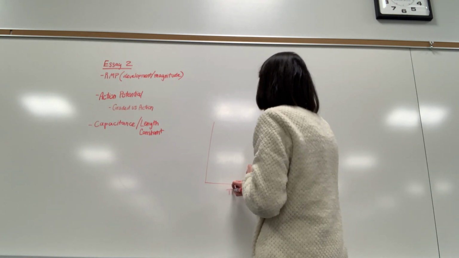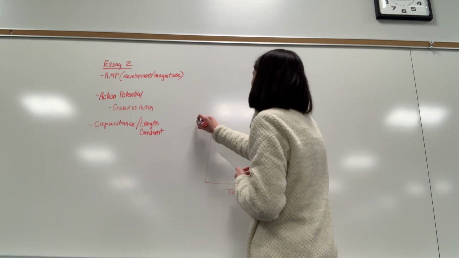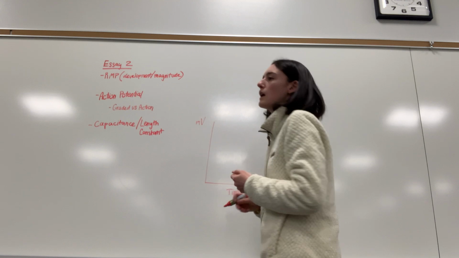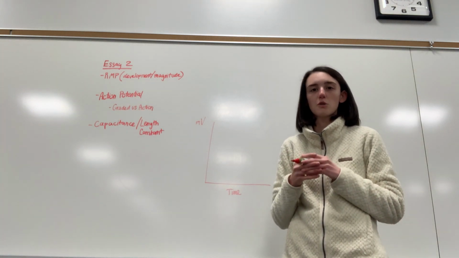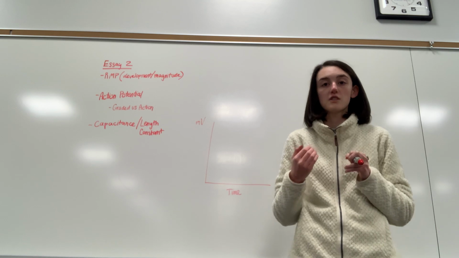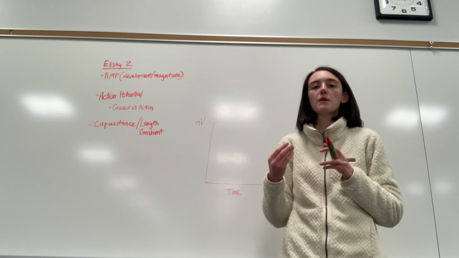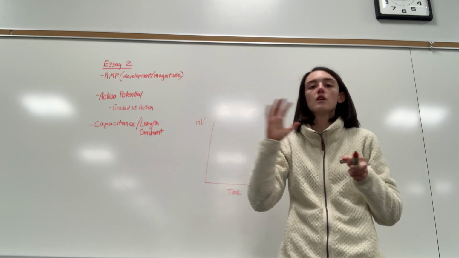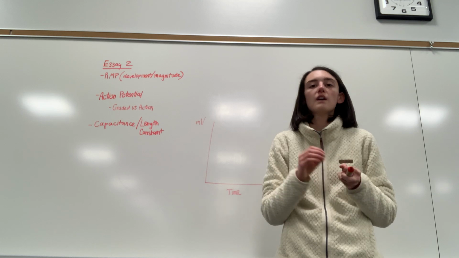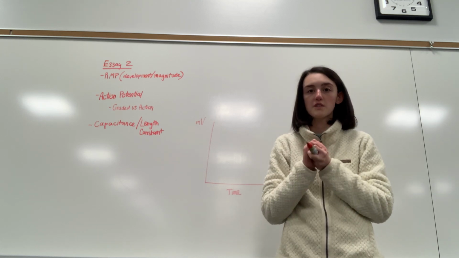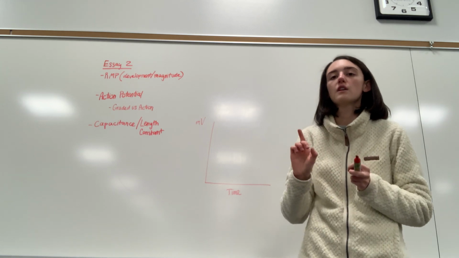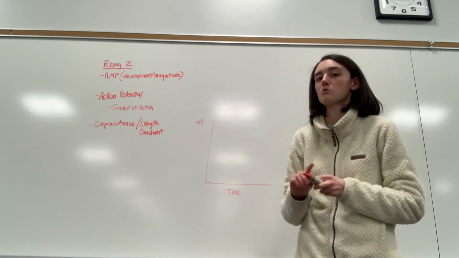This will represent time, and this will represent millivolts. What's happening in an action potential, I'll explain in detail in just a moment, but essentially, because the cell's so negative, it receives a signal to become more positive, and that positive is going to what's called depolarize the membrane. And I'll explain what specifically happens in an action potential.